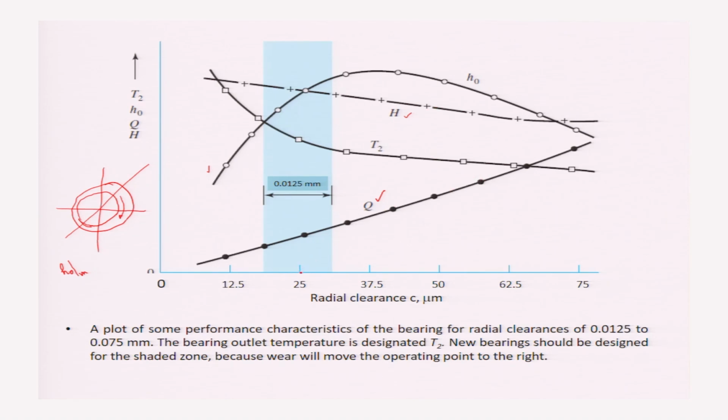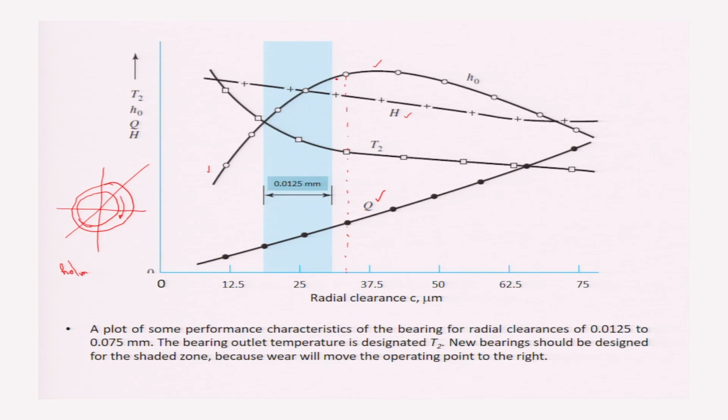Suppose you put your clearance at this value to achieve the maximum fluid film thickness, then what will happen? Due to wear and tear, the clearance may increase, and with the increase in clearance, your H0 will decrease, and that may culminate in failure of the bearing.